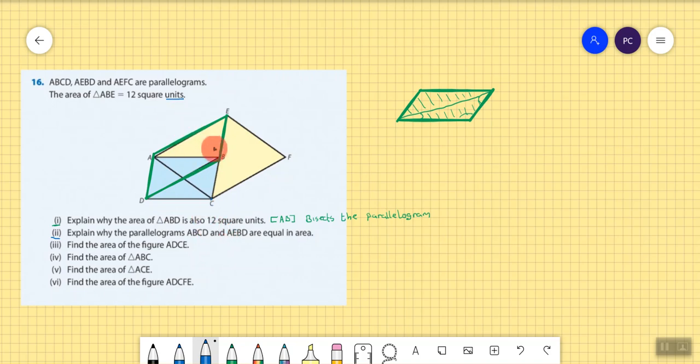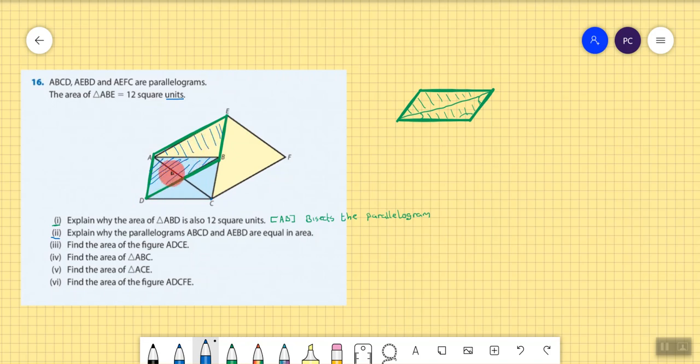Well, we can say they're equal in area because in the first parallelogram, this part here, or this triangle, is going to be equal to this triangle here in area. So we've kind of just looked at that. So the area of this triangle here, ABE, is going to be equal to ADB. And so therefore this piece here is equal to this piece.